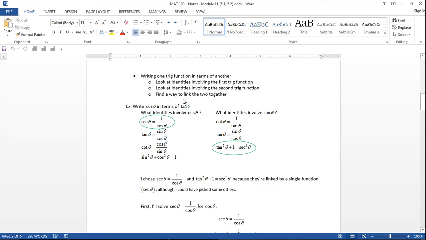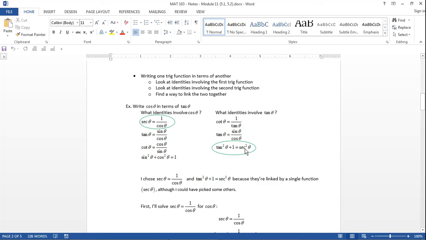Step 3, find a way to link the two together. Well, I've identified these two identities that involve cosine and tangent, the two that I'm trying to link. And for their other function, they both involve secant, and that's what I'm really looking for here.